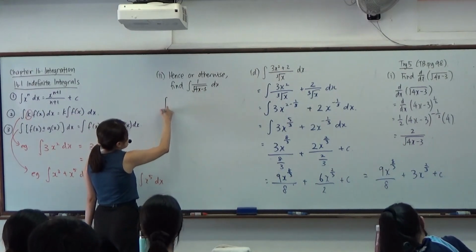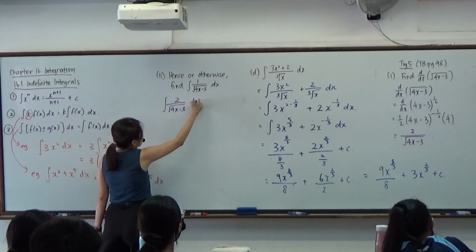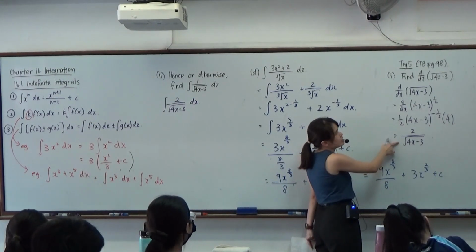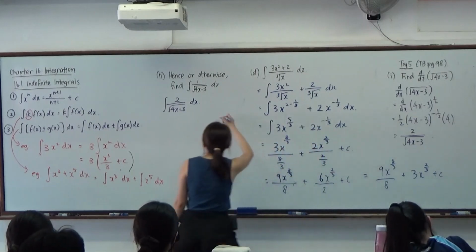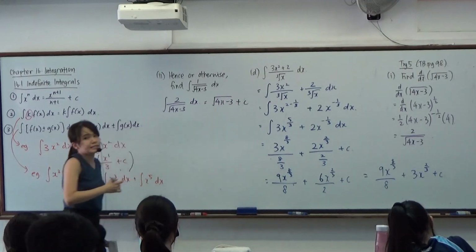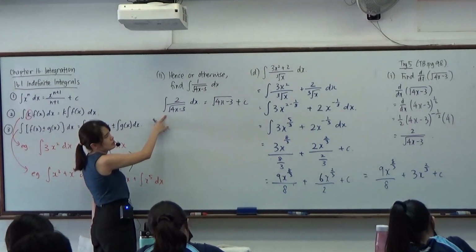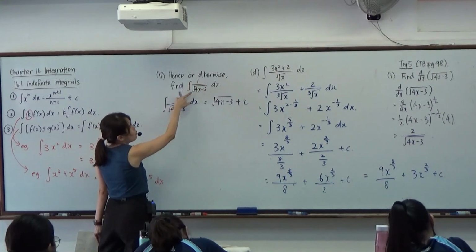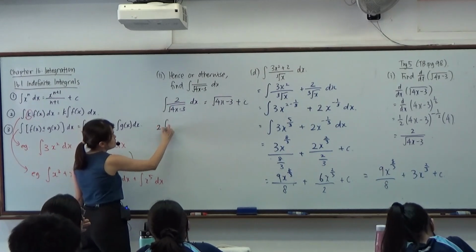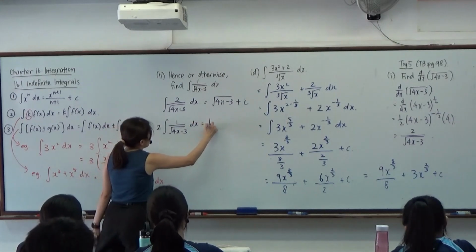We know that if I integrate 2 over square root 4x minus 3 with respect to x, that is your answer in part 1. If I integrate this, I must get back to its original form, which is square root 4x minus 3, but I must remember the plus c. But the question is not asking me to integrate this, it is asking me to integrate 1 over that. But I know that in my integration, I can bring out the 2 and write it in this manner.